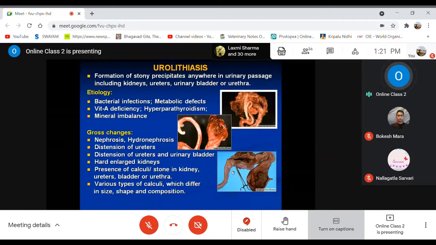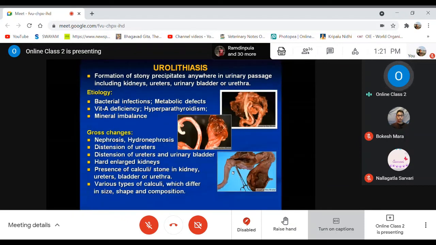And the next topic is urolithiasis, the formation of stony hard substances. People normally talk about kidney stones, right? So this kind of stony hard substance is formed in the urinary system, maybe in the kidneys, sometimes in the ureters, in the urinary bladder, or in the urethra, involving the whole urinary system, starting from the kidneys, ureter, then urinary bladder, then urethra.